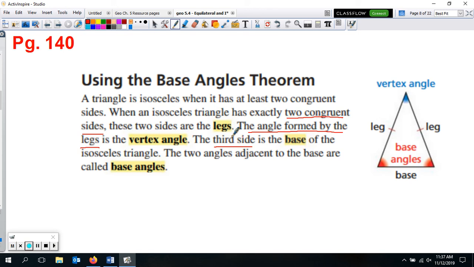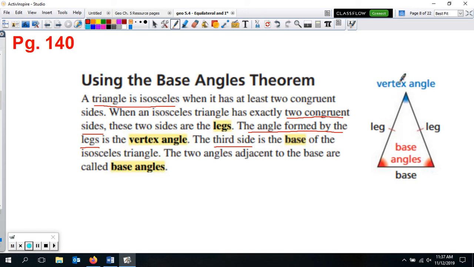So you've got to realize all of these go with the isosceles triangle. That is the main part of these vocabulary words. They're all connected to the isosceles triangle, not the scalene, not even the equilateral for that matter. You have 2 congruent sides, those are your legs. The 3rd is the base.